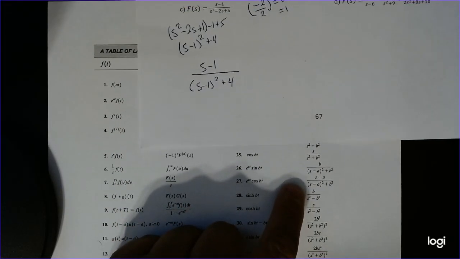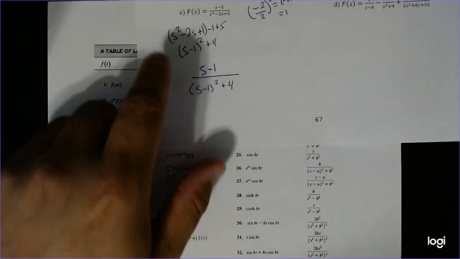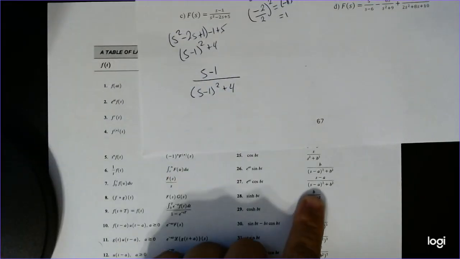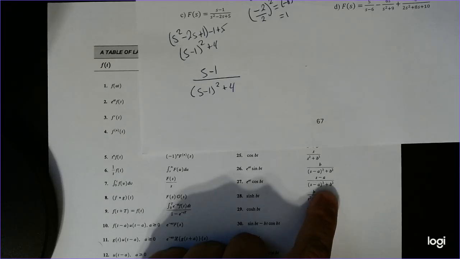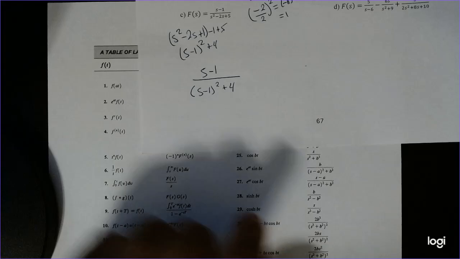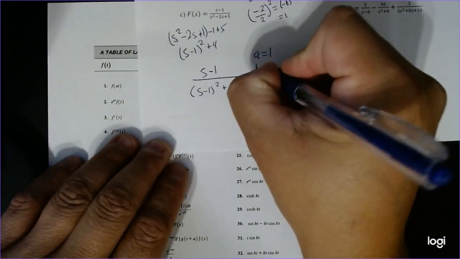So let's see. So it looks like top and bottom are the same here, which is what we have. Top and bottom are the same. And here we go. So we have a and b. So it looks like a is going to be 1, and b is squared. So something squared gives you 4. It's going to be 2. So we have a equaling 1 and b equaling 2 here.